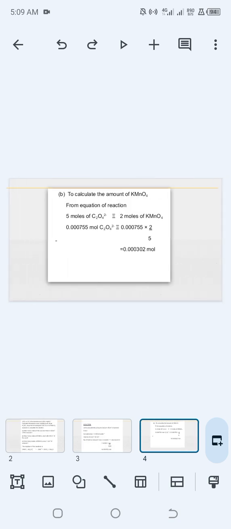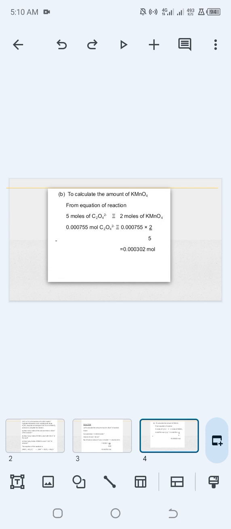Let's move to another question. The B part says to calculate the amount of KMnO4. From our equation, you see 5 moles of C2O4²⁻ is equivalent to 2 moles of KMnO4.